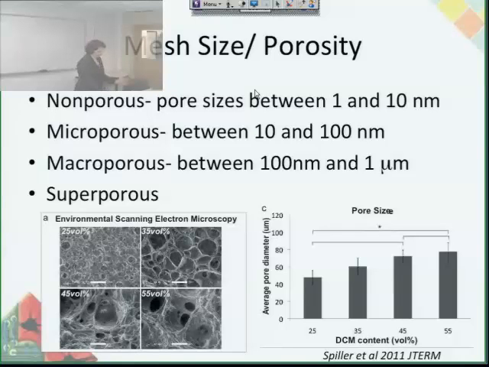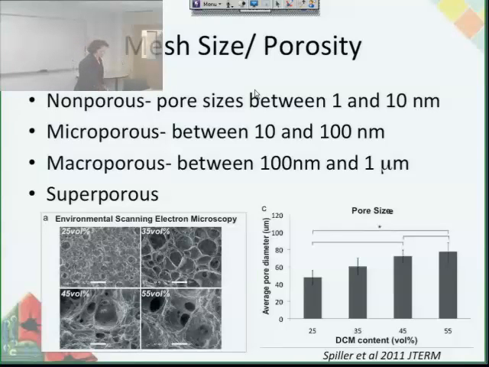So when you're thinking about the pores of a hydrogel, superporous is kind of obvious why we call it that, because they're really big pores, but they're sort of different from the other porosity classifications that I have up here, because within those superporous hydrogels, the walls of the pores are made of hydrogel that itself could be classified as non-porous, microporous, or macroporous.